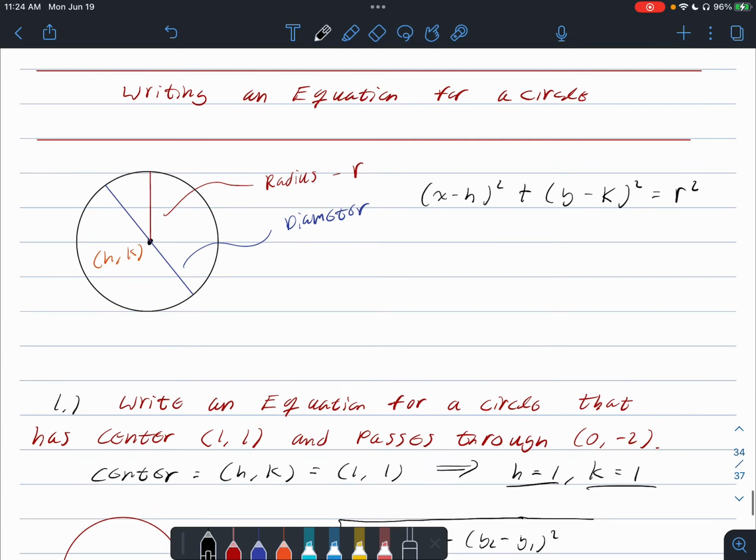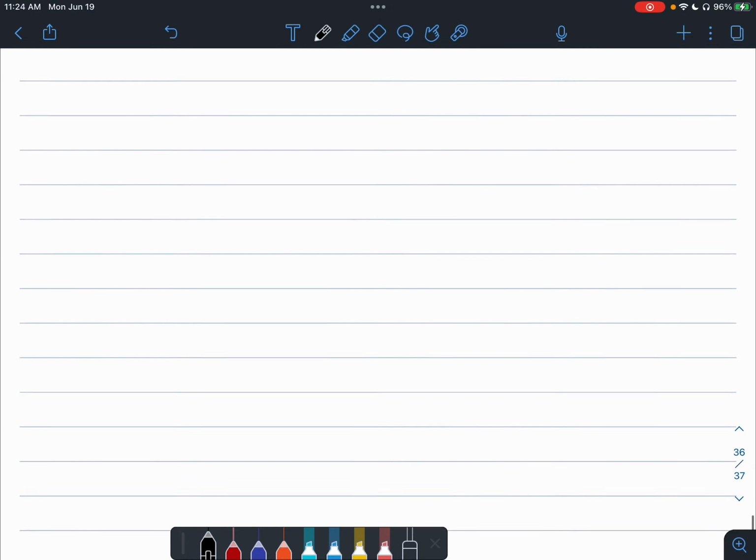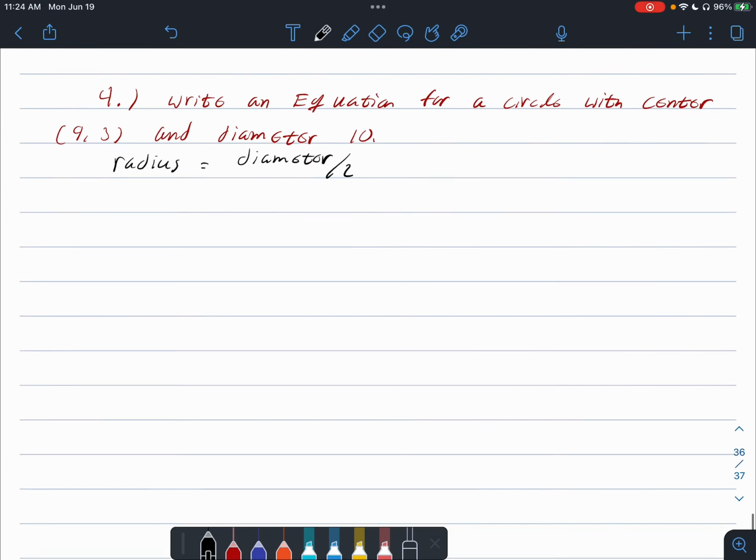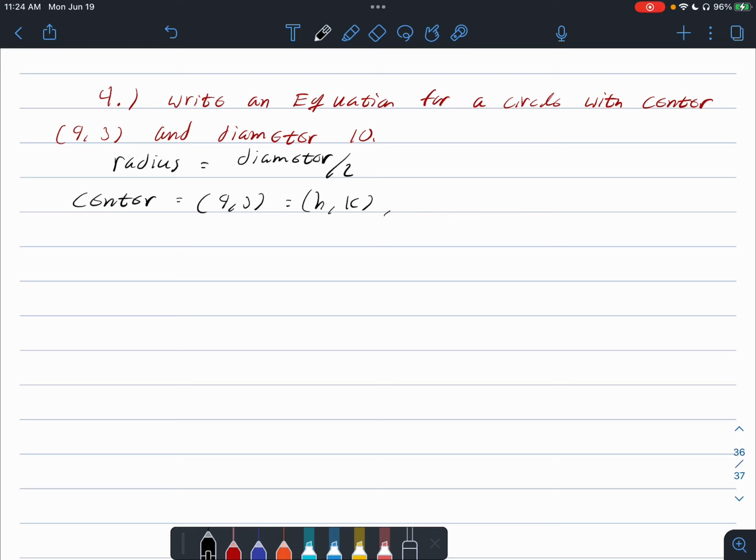So to find the radius, we just divide the diameter by 2. So we have the center (h, k), where h is 9 and k is 3.